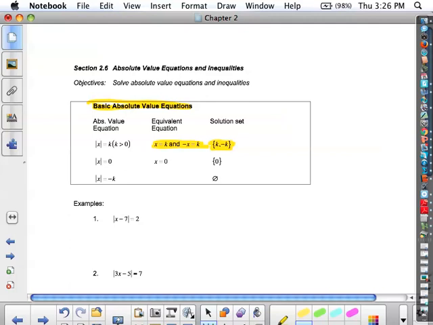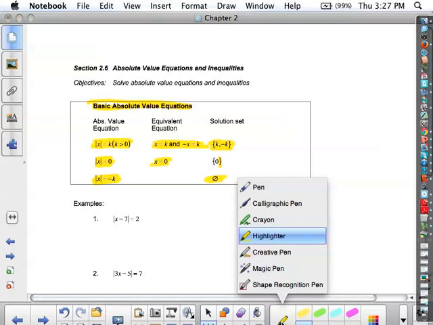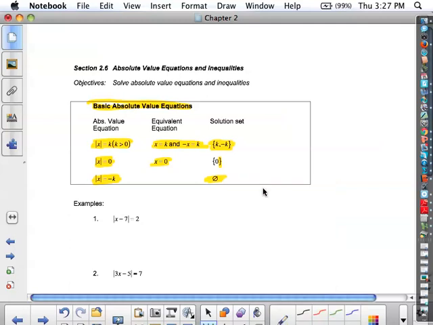If the absolute value of x equals 0, then the equivalent equation is x is equal to 0, and the solution set is 0. If the absolute value of x equals negative k, then the solution is the empty set. There is no solution to that problem. And we talked about this a little bit earlier in the year.